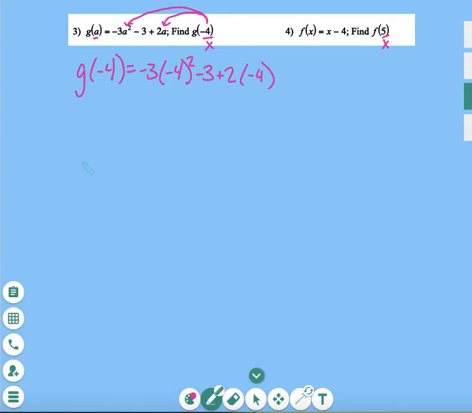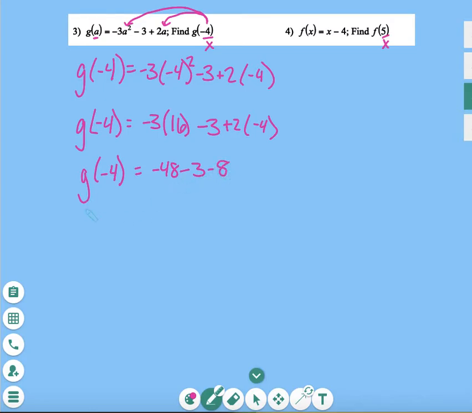And then I just follow my normal simplifying process to get to a final answer. Order of operations would tell me that I need to get rid of the exponent first, and then do any multiplying or dividing, and then any adding or subtracting.